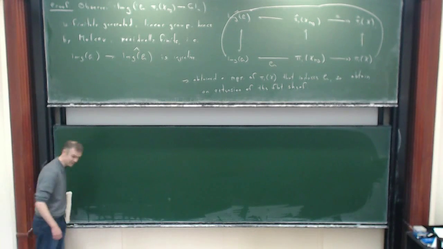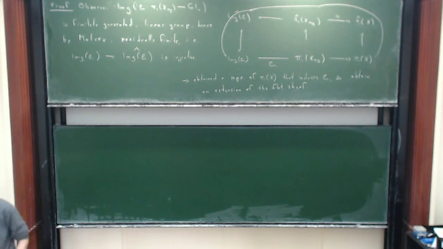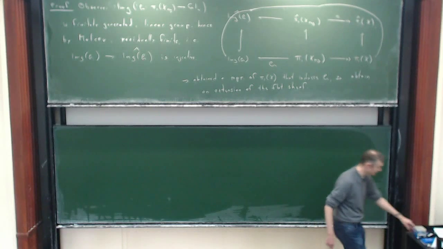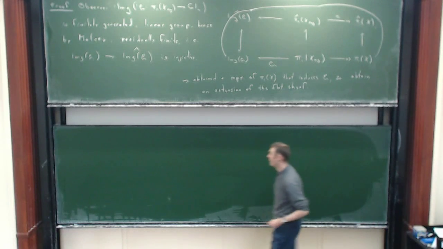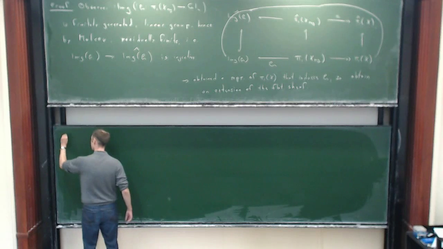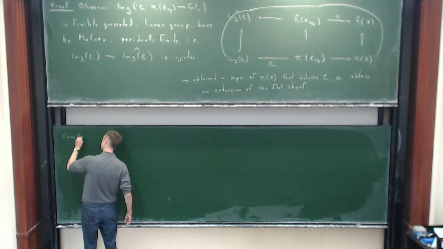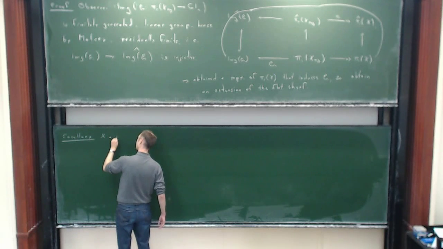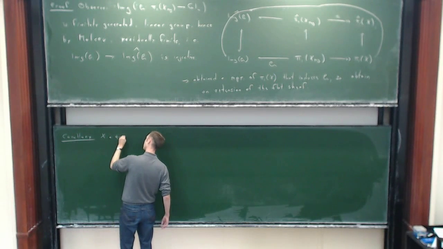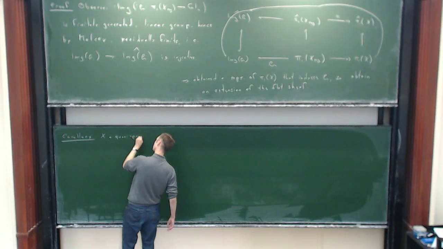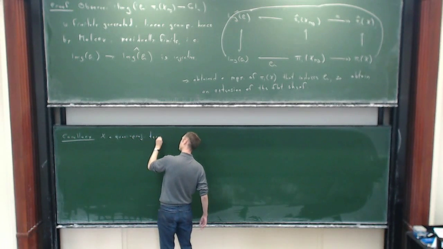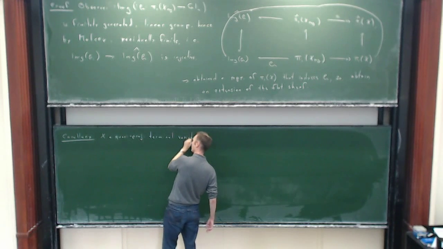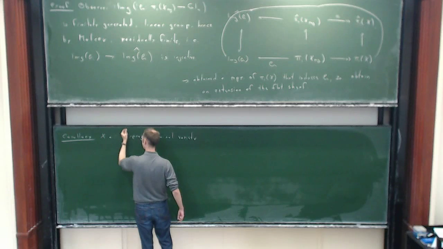And I'm using the flatness criterion that was on the board already when we talked about the characterization of abelian varieties. Corollary. So X, a quasi-projective terminal variety. I think I need projective. Sorry for that.